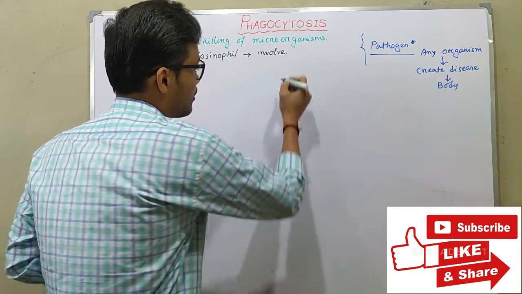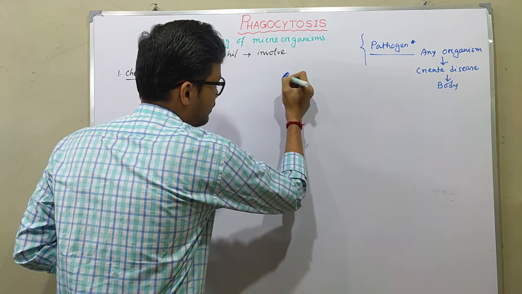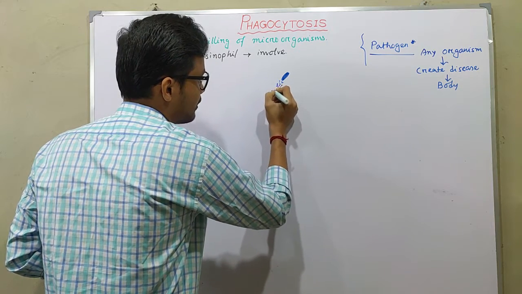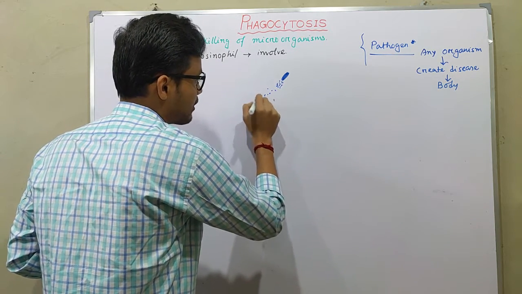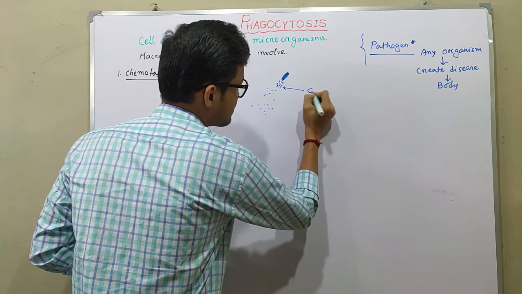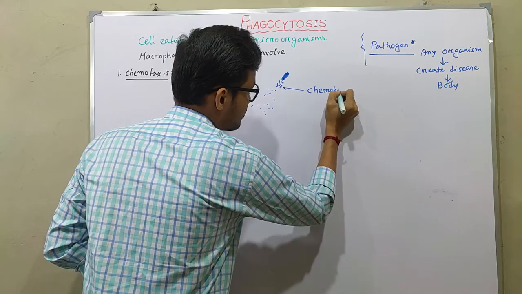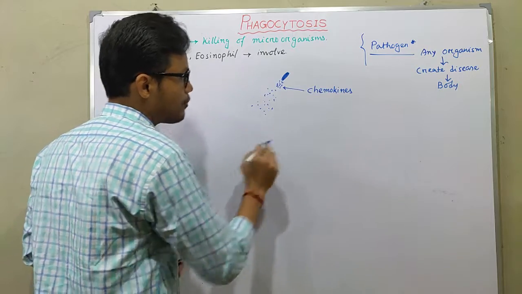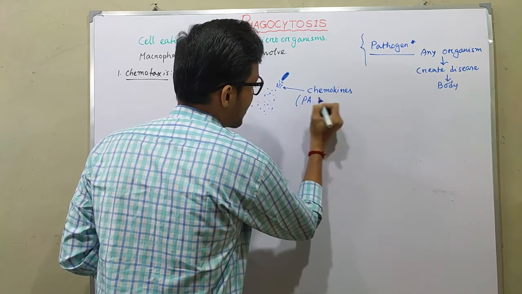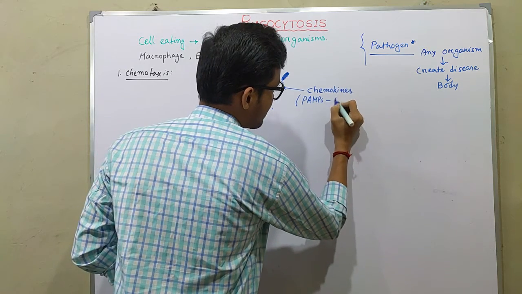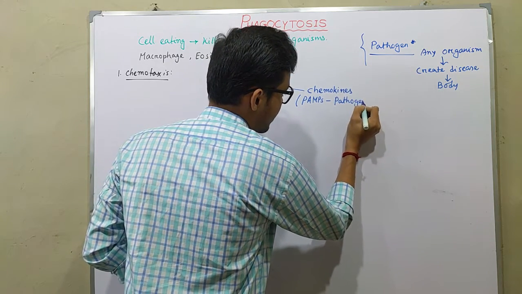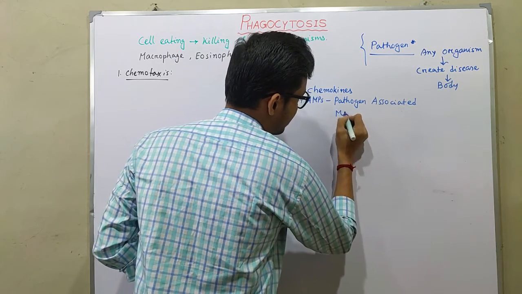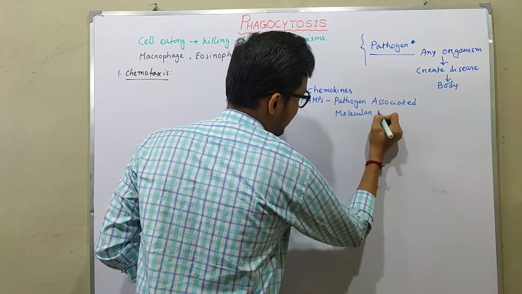When a pathogen is introduced or invades our body, it releases some chemicals. Those chemicals are known as chemokines, and those chemokines are also referred to as PAMPs, that means pathogen associated molecular patterns.